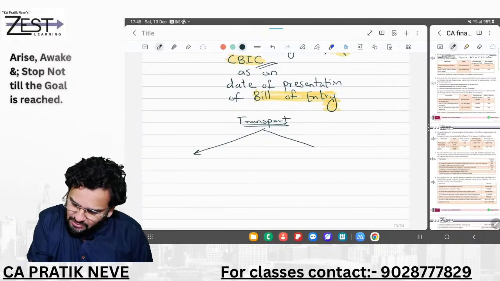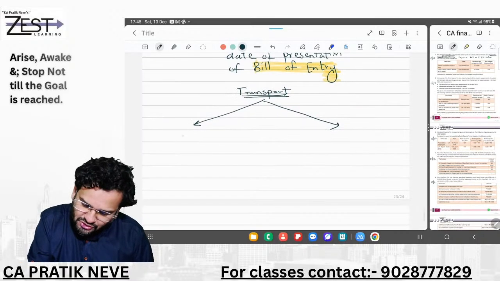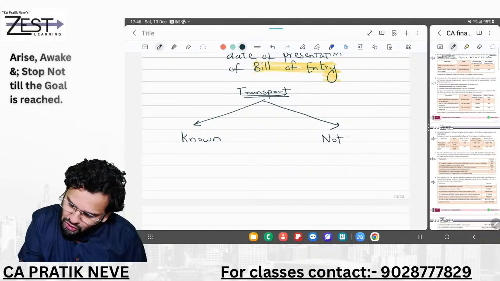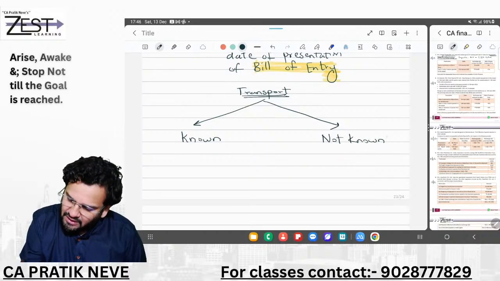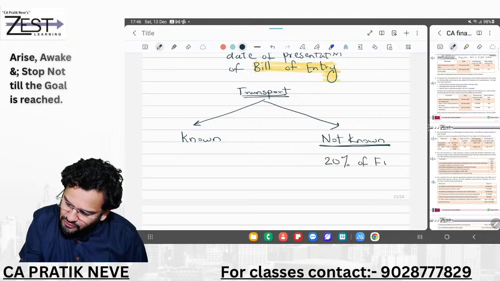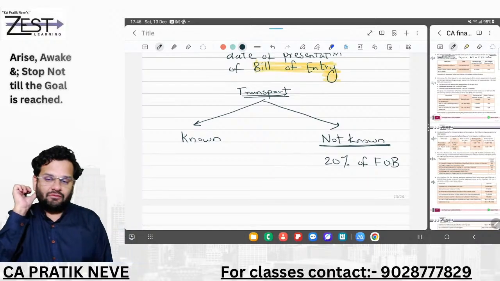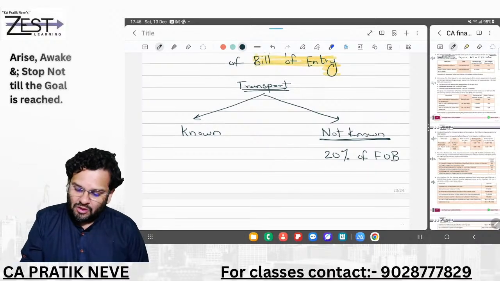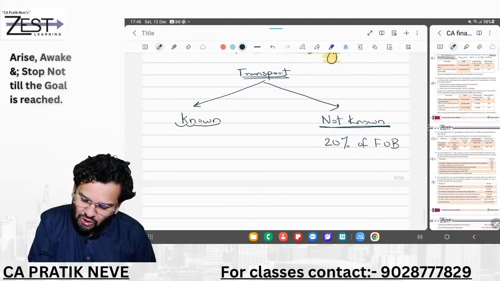So there are two possibilities. Transport cost could be known or transport cost could be not known. Friends, if transport cost is not known, you are supposed to take 20% of FOB.